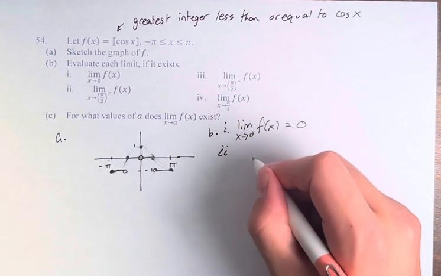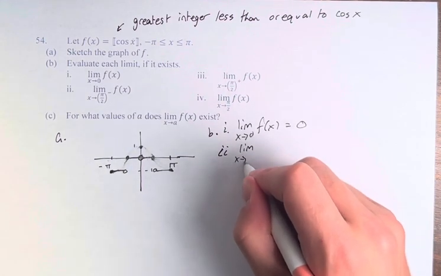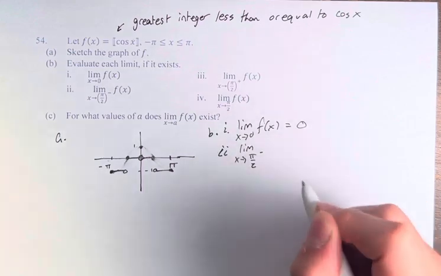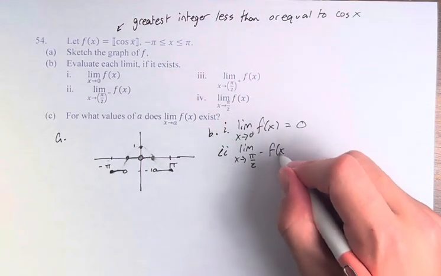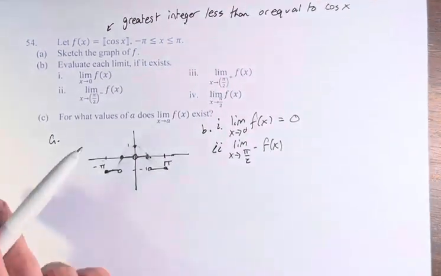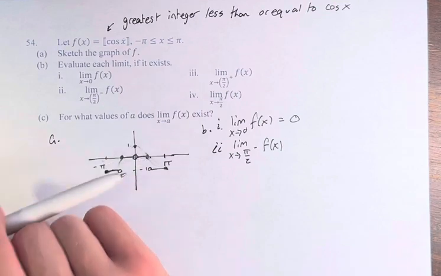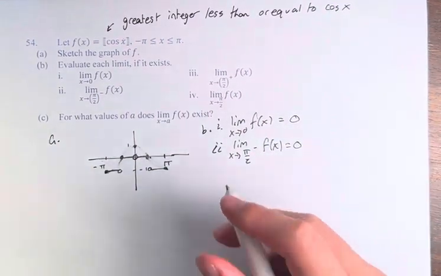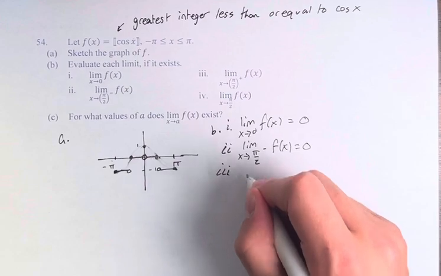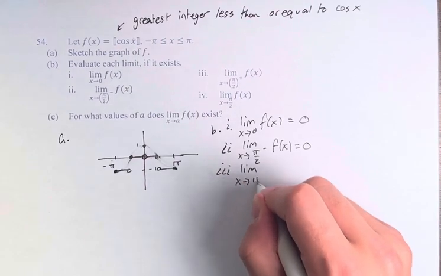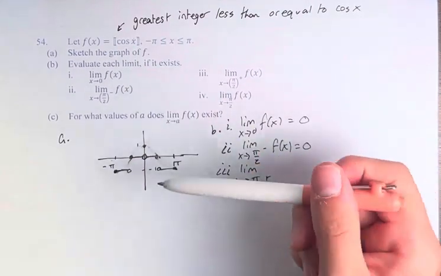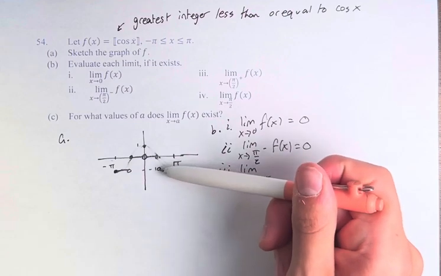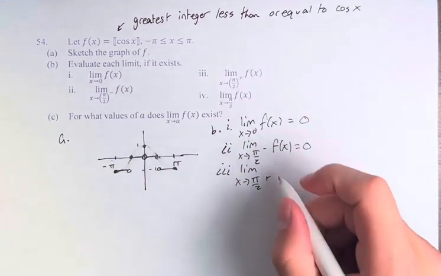In 2, we have the limit as x approaches pi over 2 from the left. This is pi over 2. We're approaching from the left, which means we're approaching from a value of 0. In 3, it's the limit as x approaches pi over 2 from the right. So we're approaching from values greater than pi over 2, so we're coming this way towards this point at a value of negative 1.